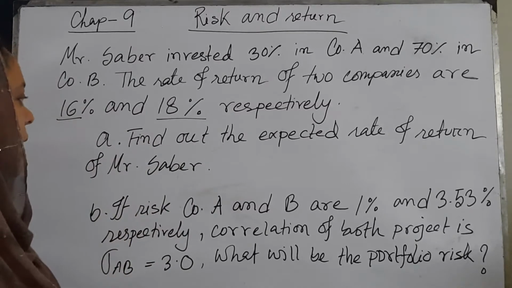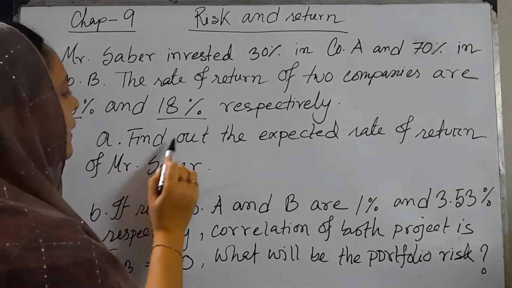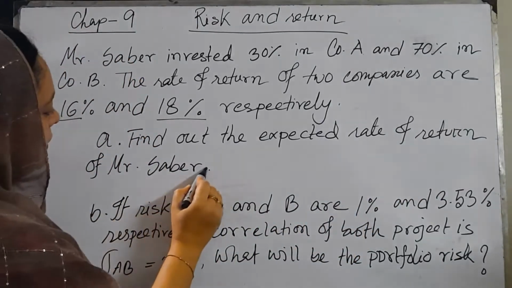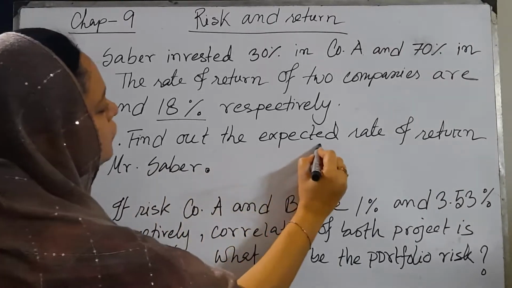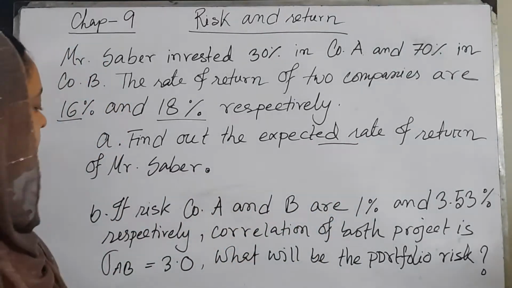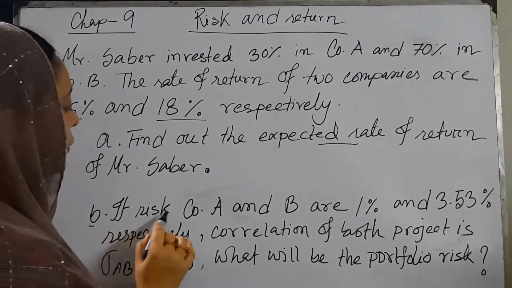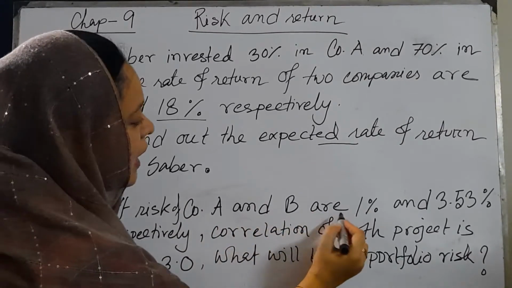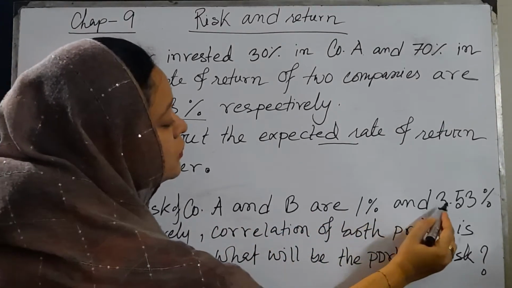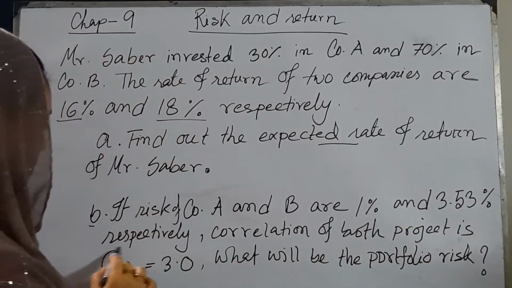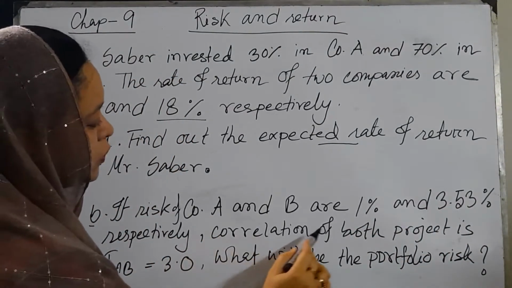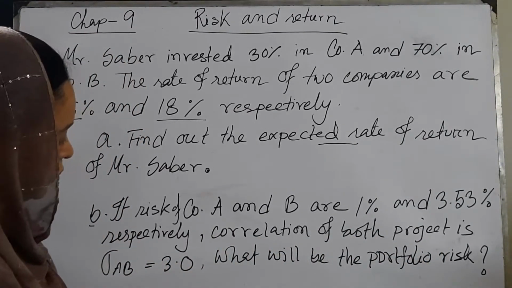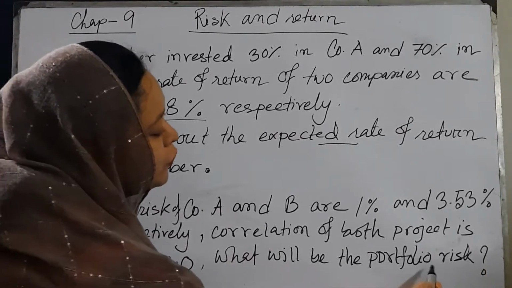And the requirements are: A, find out the expected rate of return of Mr. Saber. Saber's expected rate of return we have to find out. And number B, if the risks of company A and company B are 1% and 3.53% respectively, and the correlation of both projects is 3.0, what will be the portfolio risk?